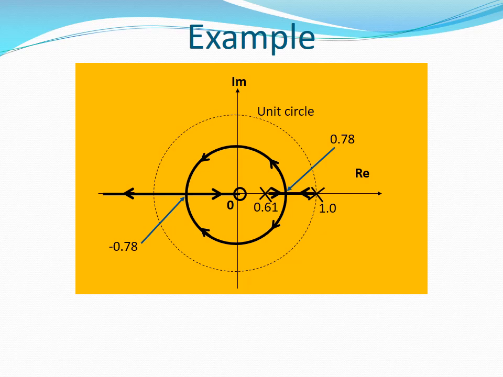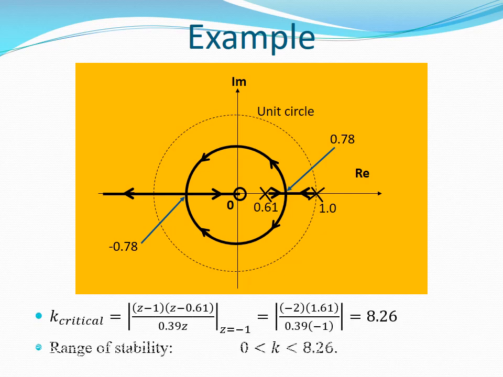After breaking away, they move into the complex plane and then break in at the point minus 0.78. After breaking in, one of the branches moves from minus 0.78 to 0, and the other branch moves from minus 0.78 towards infinity along the negative real axis.